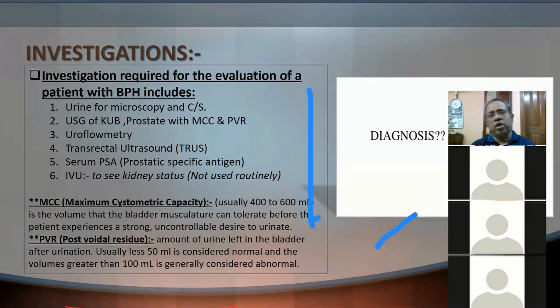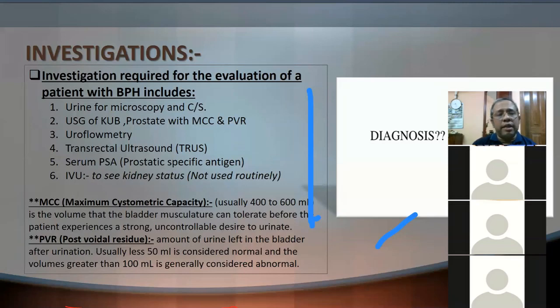Ultrasonography, serum creatinine and other investigations can easily assess the renal function. So if there is no hydronephrosis, there is no need to do an IVU. Ultrasonography and other investigations can easily diagnose BPH. Renal function needs other tests like serum creatinine, urea, electrolytes, etc.